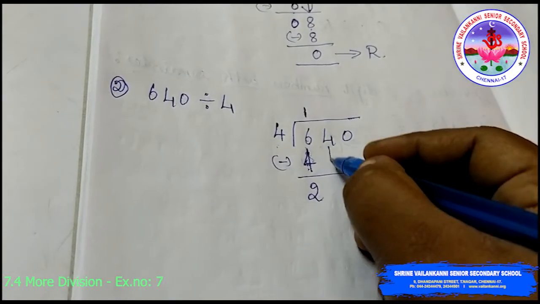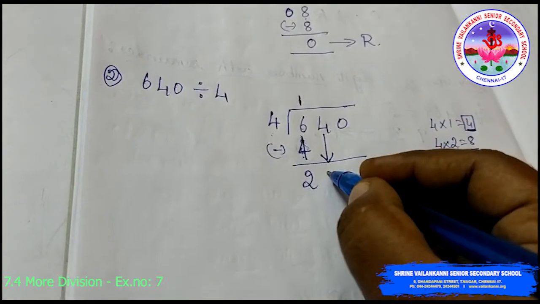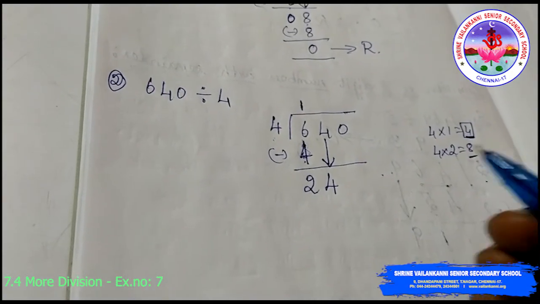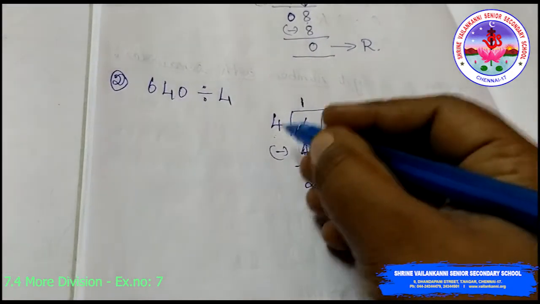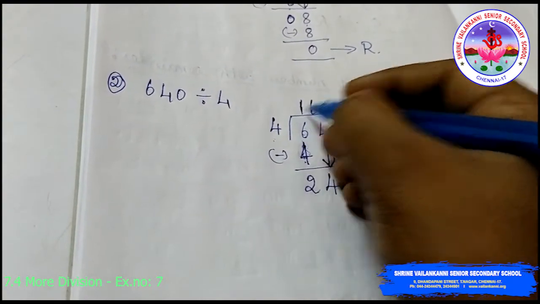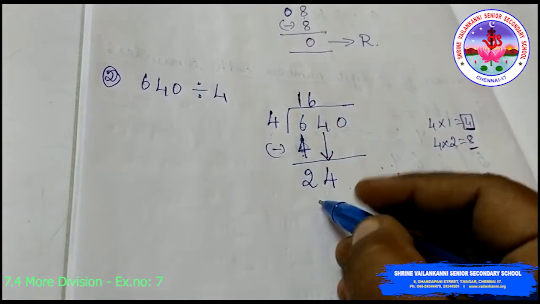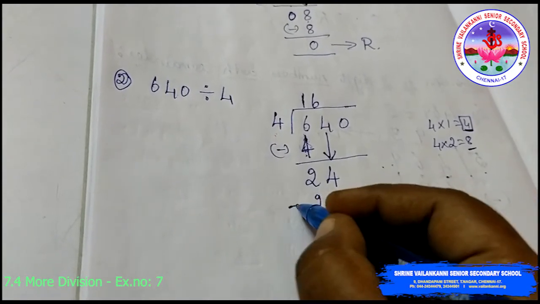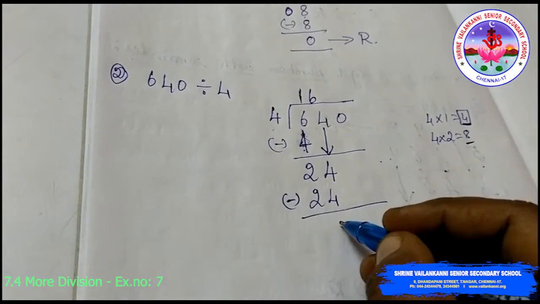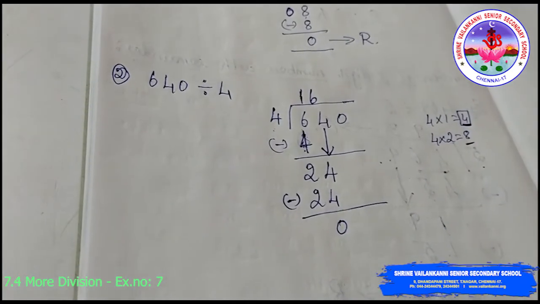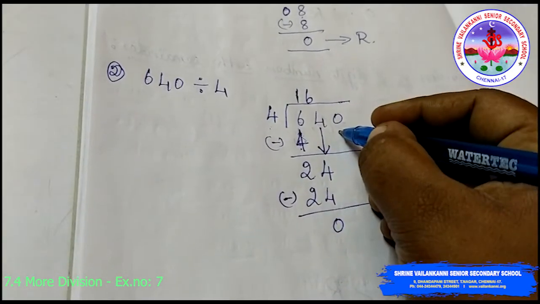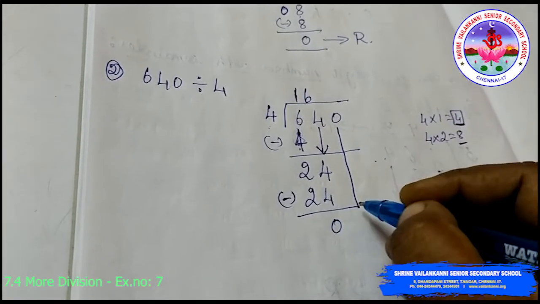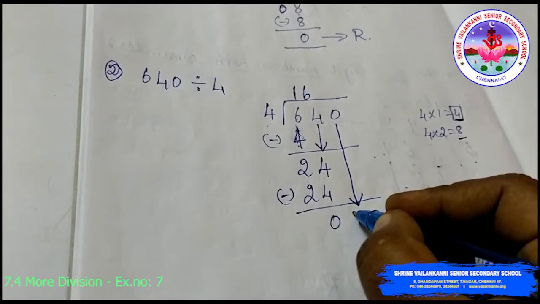Now bring the next number down from the dividend: 4. Now it is 24. How many times will you get 24 in the 4 table? 6 times. 4 sixes are 24. Subtract, you will get 0. Now you have one more digit in the dividend, which is 0, that has to be divided.